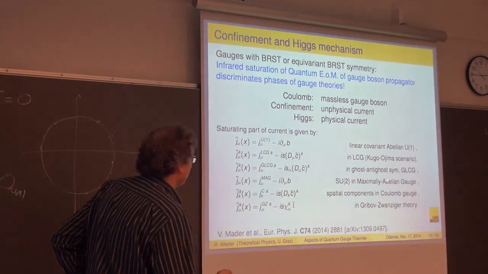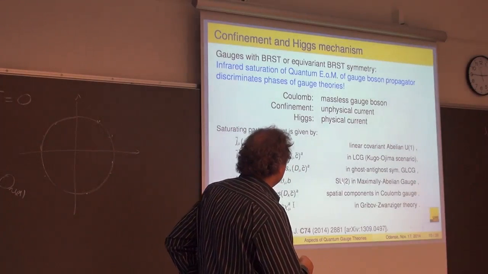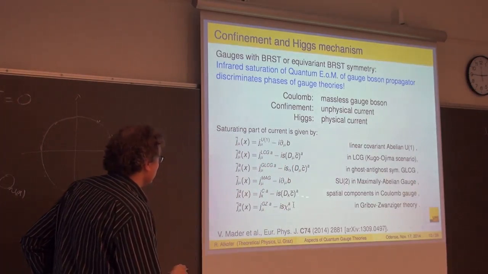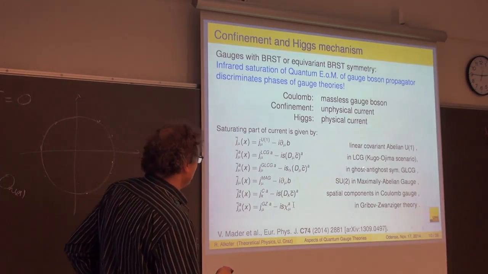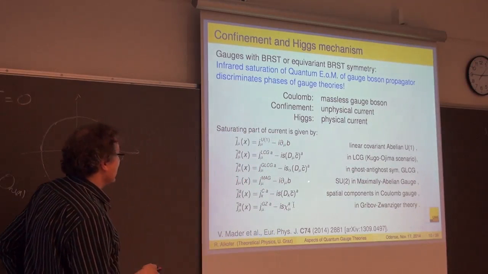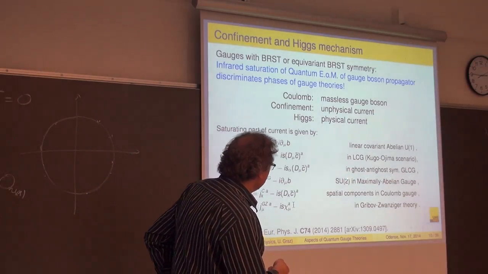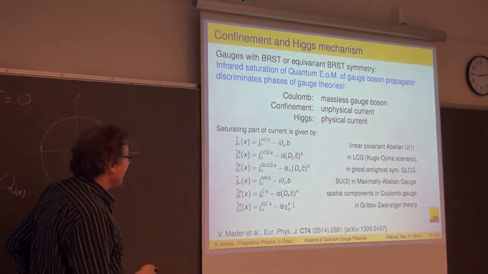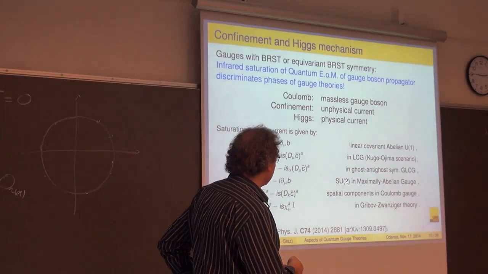And then we started maximal abelian gauge, and in maximal abelian gauge, it turned out that the symmetry breaking or the confining part follows much more the idea of the abelian subpart forming something like a Higgs background, but actually leading then to a saturation by unphysical currents and to a confining setup.